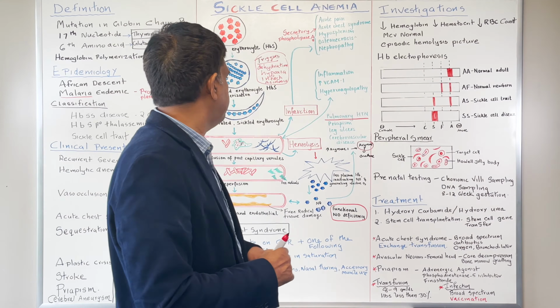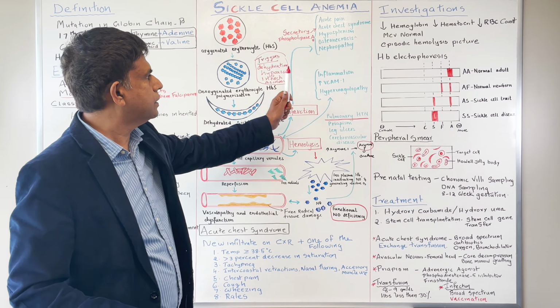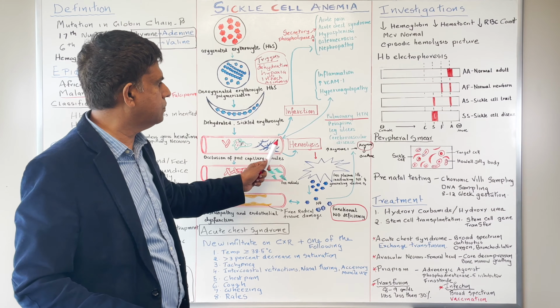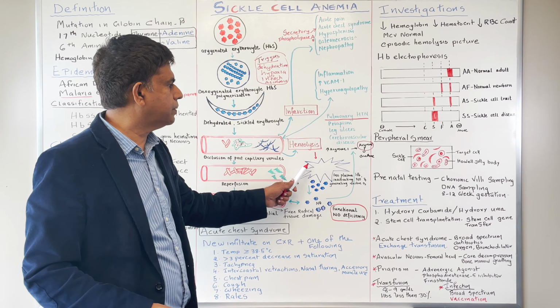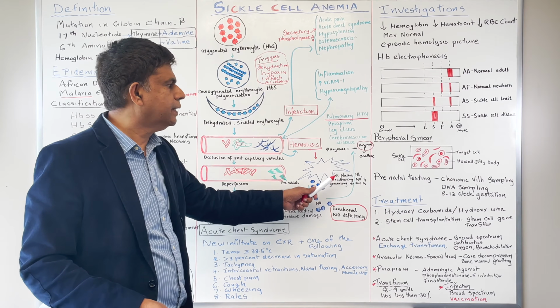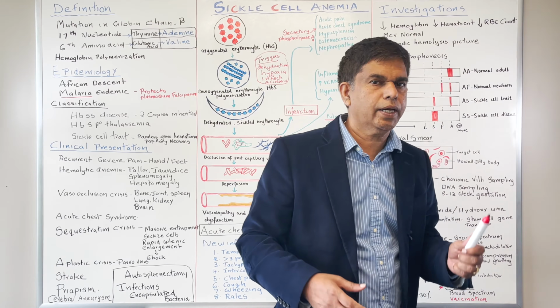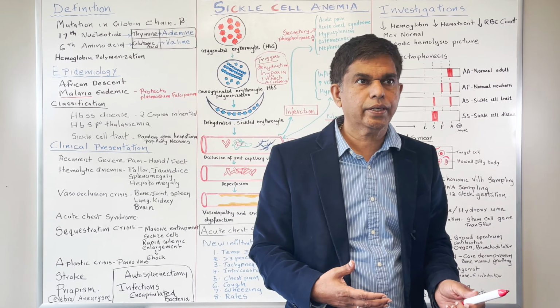So let's go back up here. We talked about this infarction, there's VCAM and hypercoagulability, and also one thing we need to understand: when the hemolysis happens, the hemoglobin breaks down, and free plasma hemoglobin inactivates the nitric oxide, okay? Nitric oxide causes vasodilation, so there's decreased nitric oxide production.